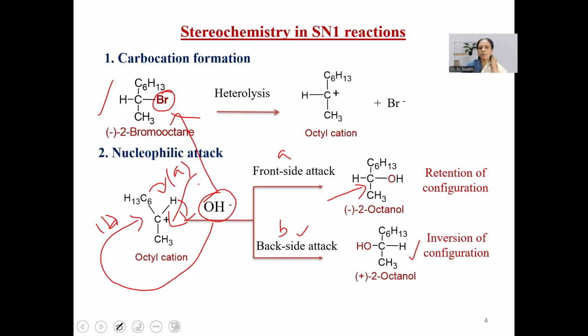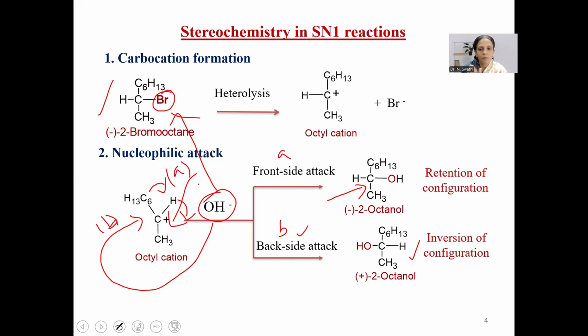Here, because the resulting carbocation has sp2 hybridization at the carbon, it allows both front side and backside attack of the nucleophile. Upon front side attack, there will be formation of levo 2-octanol, where there is retention of configuration. On the other hand, when the nucleophile attacks from the back side, there will be formation of dextro 2-octanol, where there is inversion of configuration.